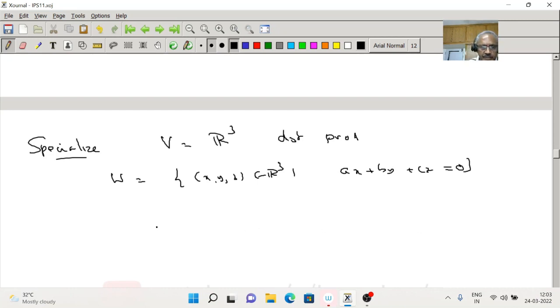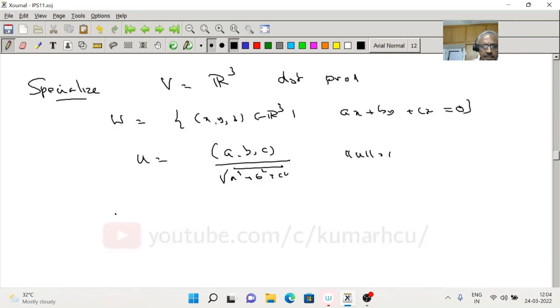Therefore, if I take my u to be (a, b, c) divided by the square root of a squared plus b squared plus c squared, then the norm of u equals 1, and this W is nothing other than u perp, all vectors which are perpendicular to u. Do you agree with that?